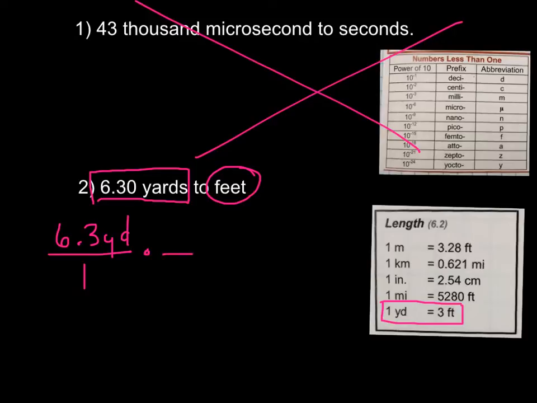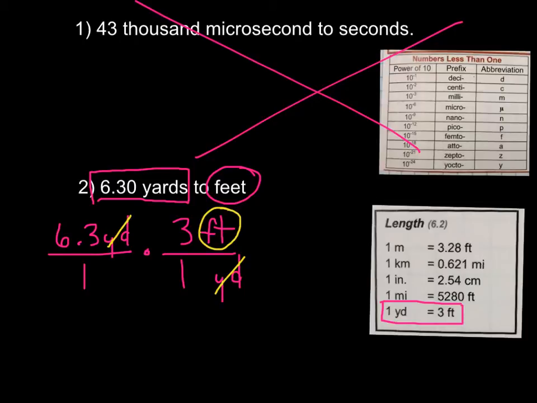Alright, so we're going to multiply it by our conversion factor. Now the key here is that if you have yards on top, you want to have yards on bottom as well, because if you have two units over each other, they cancel each other out. Okay, so we know that 1 yard is equal to 3 feet. Now our yards cancel, and all we're left with is feet, so we know that we're doing it correctly.